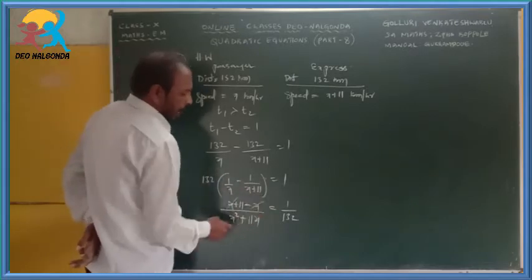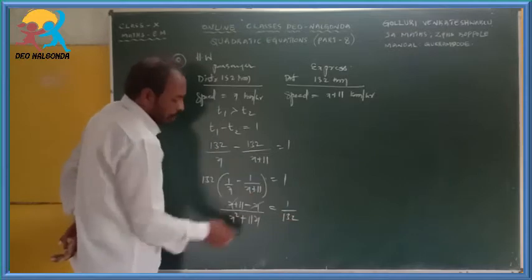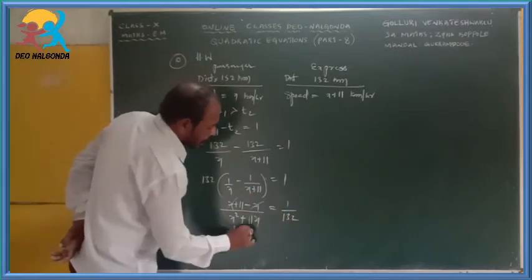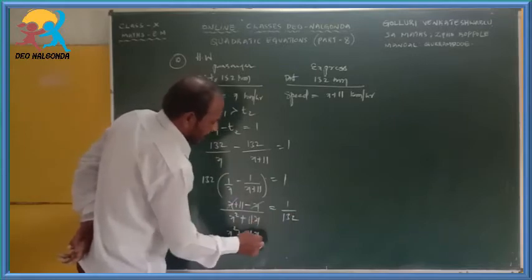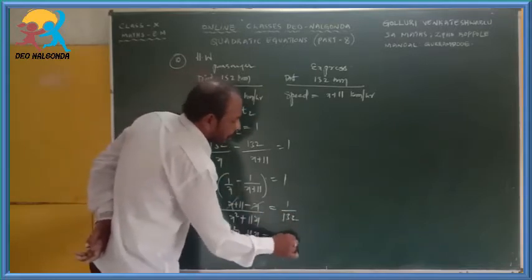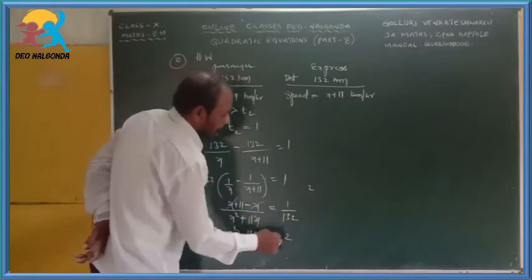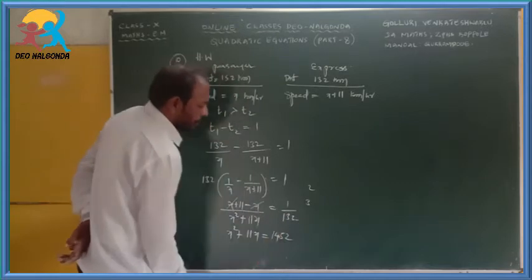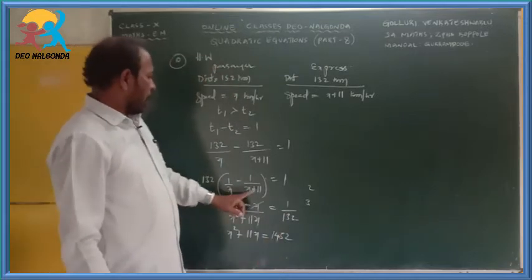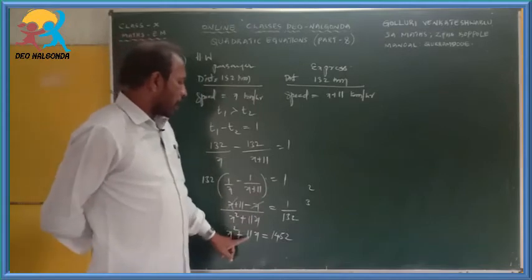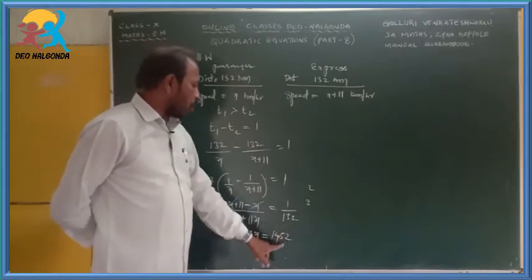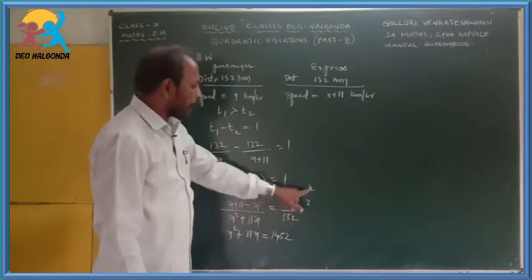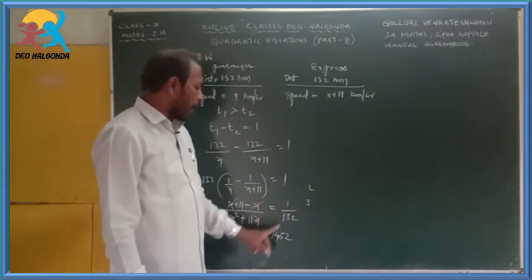By doing cross multiplication, the product of extremes is equal to the product of means: x square plus 11x. Multiplying, 11 twos are 22, 11 threes are 33 plus 2 is 35, 3 11 ones are 11 plus 3 is 14, so 1452.